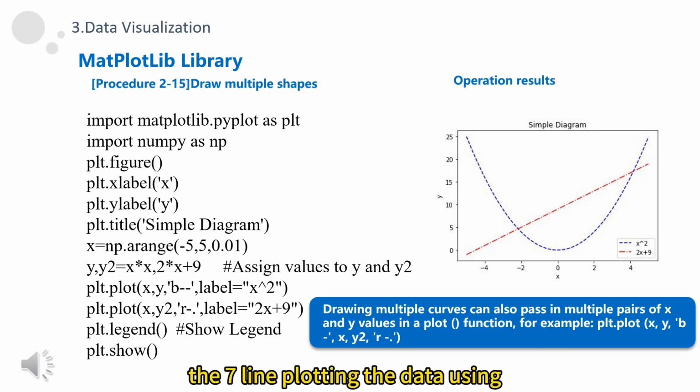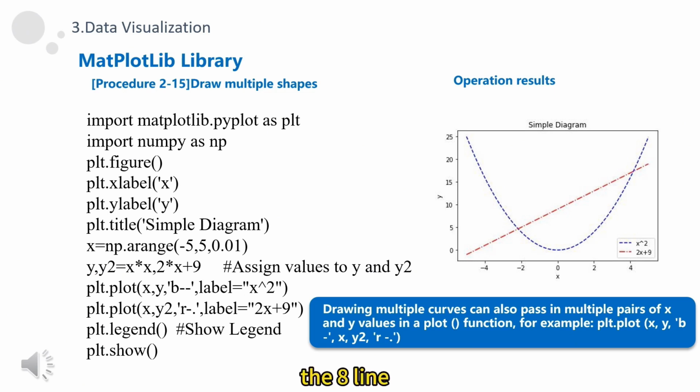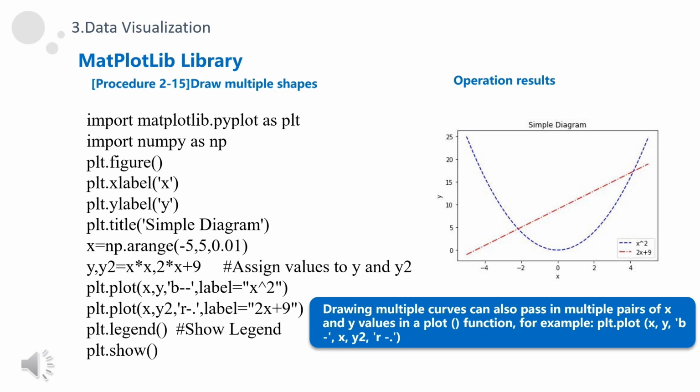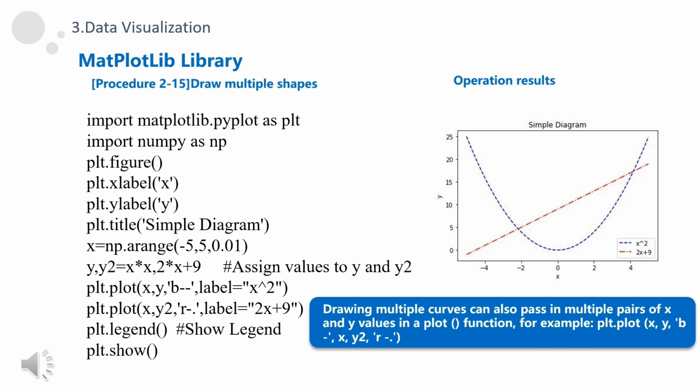The seventh line, plotting the data using plt.plot functions, specifying the line style and labels for each line. The eighth line, adding a legend to the plot using plt.legend function. The ninth line, displaying the plot using plt.show function.